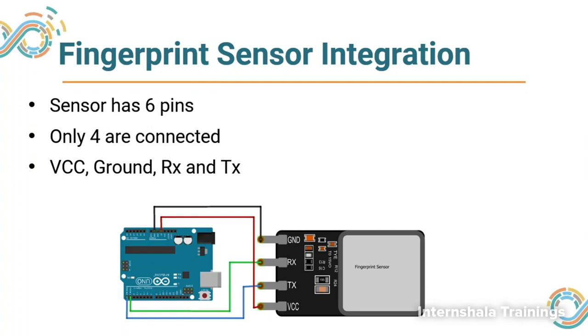After that, the receiver of the fingerprint sensor will go to the transmitter of Arduino, and the transmitter of the fingerprint sensor will go to the receiver of Arduino. That is fairly easy to understand: if I have module 1 and module 2 and they are communicating, the receiver of one should be connected to the transmitter of the second, right?